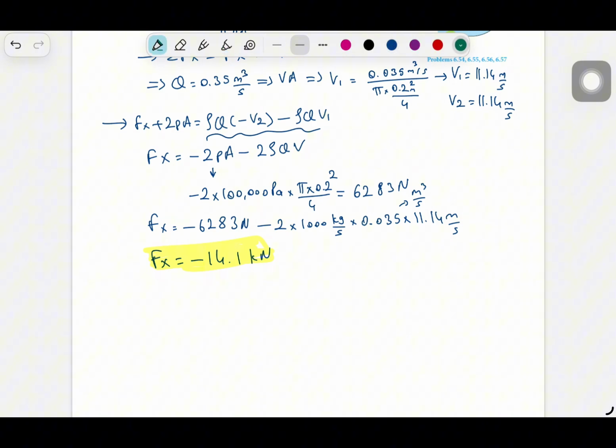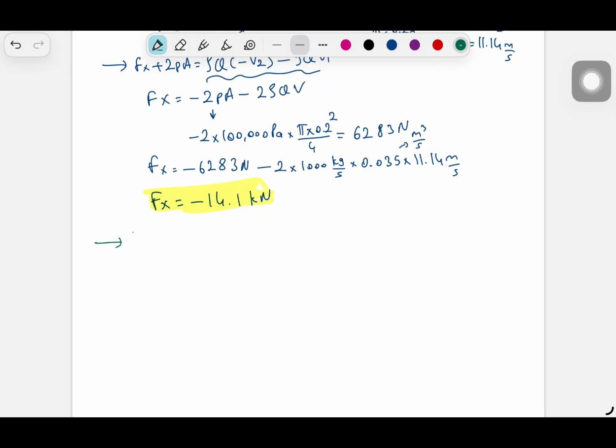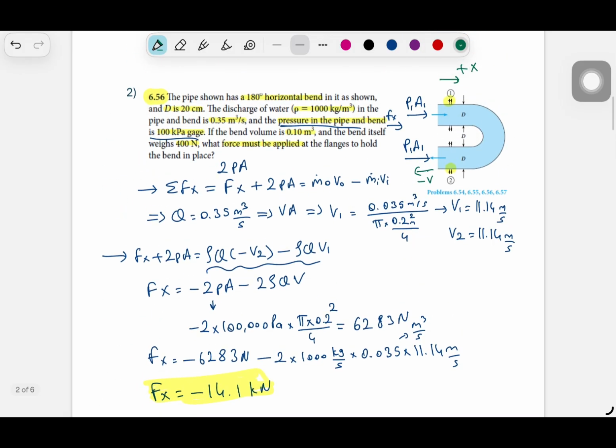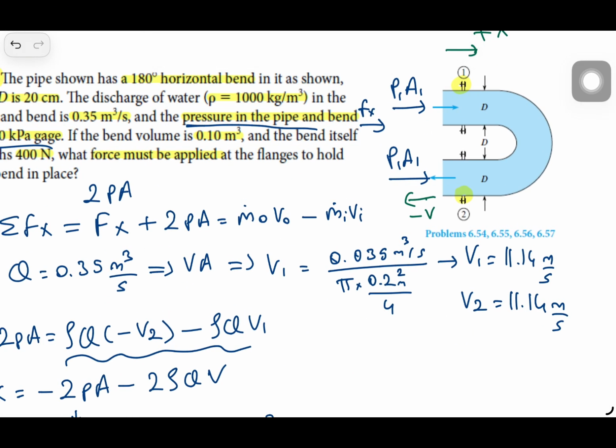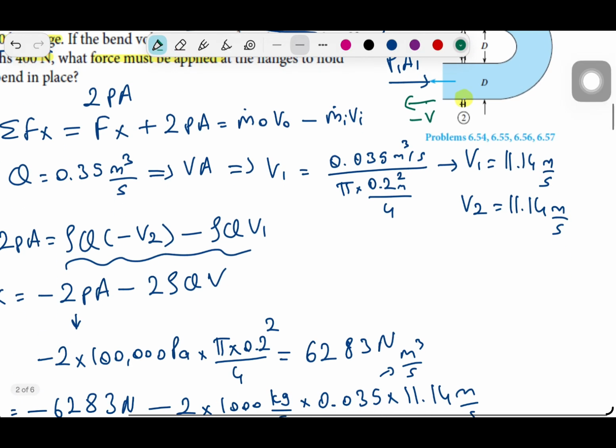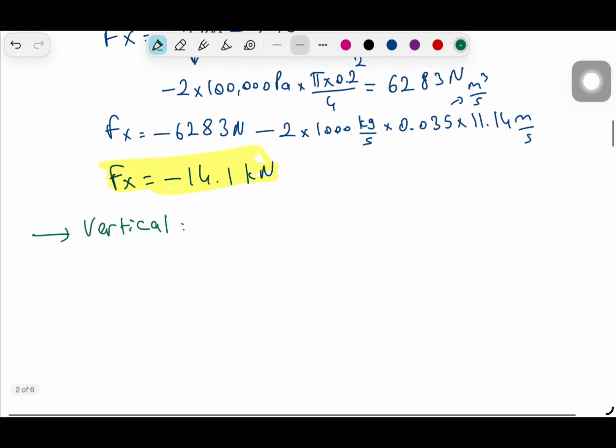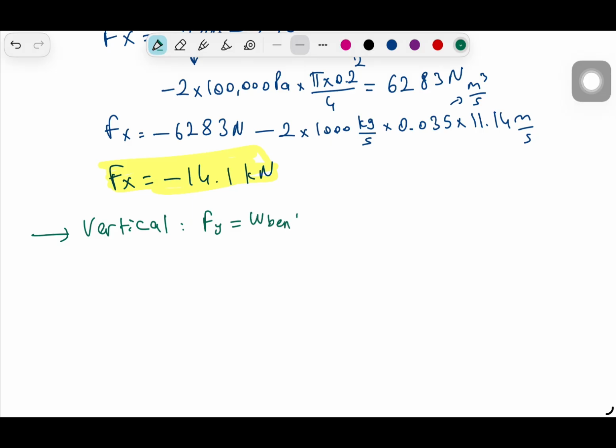And now if you look at the vertical direction, as it is clear, there is no vertical momentum because we only have horizontal inflow and outflows, so that we will not have any momentum on z vertical direction. So we will have the weight of band plus the weight of water.